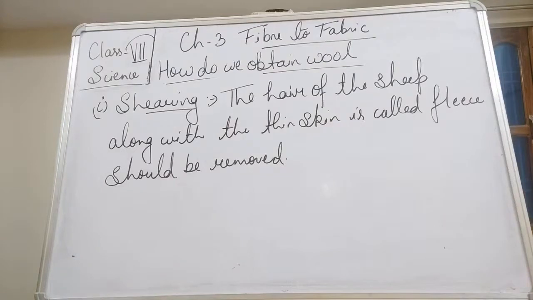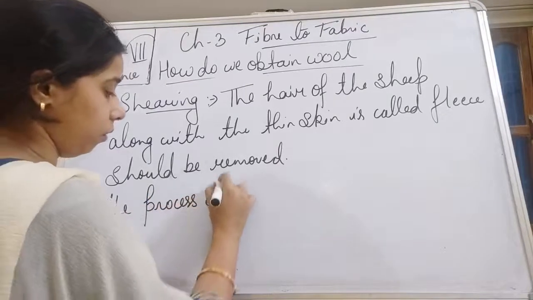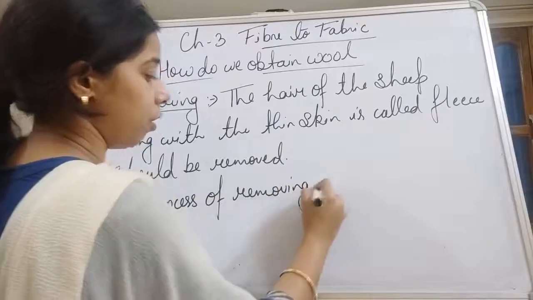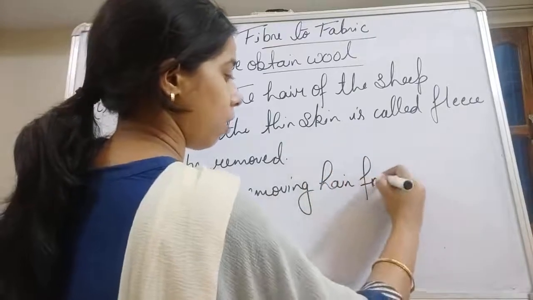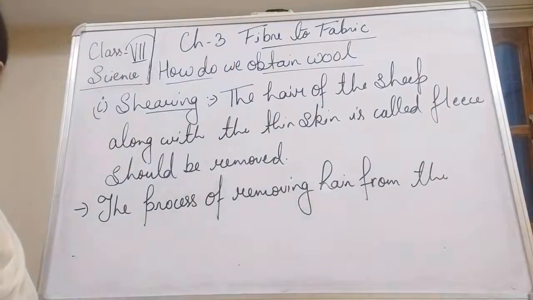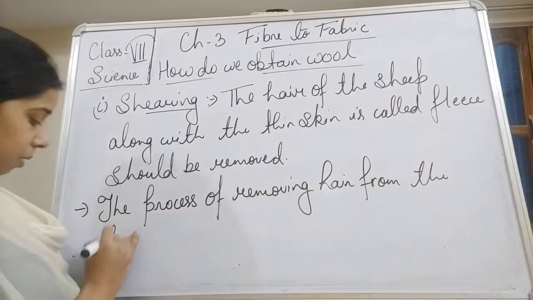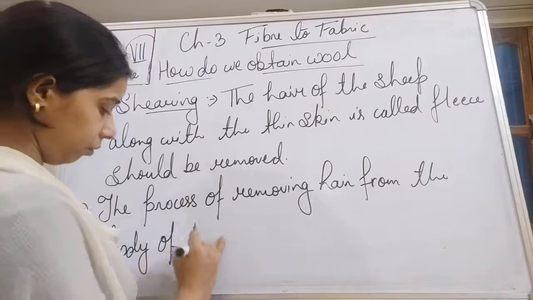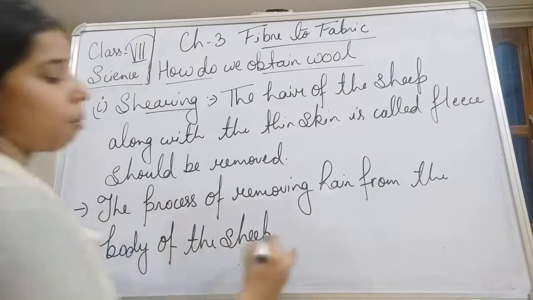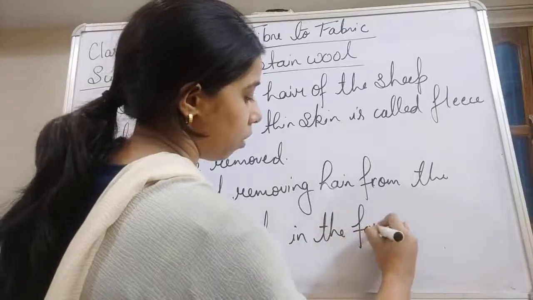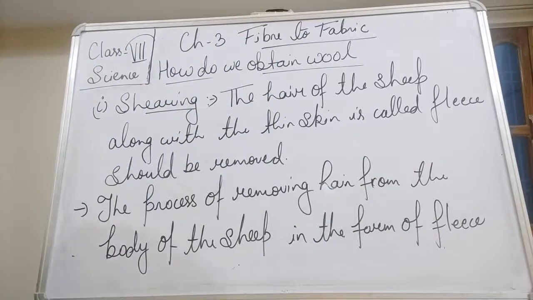So we can write here the definition: the process of removing hair from the body of the sheep in the form of fleece is called shearing.